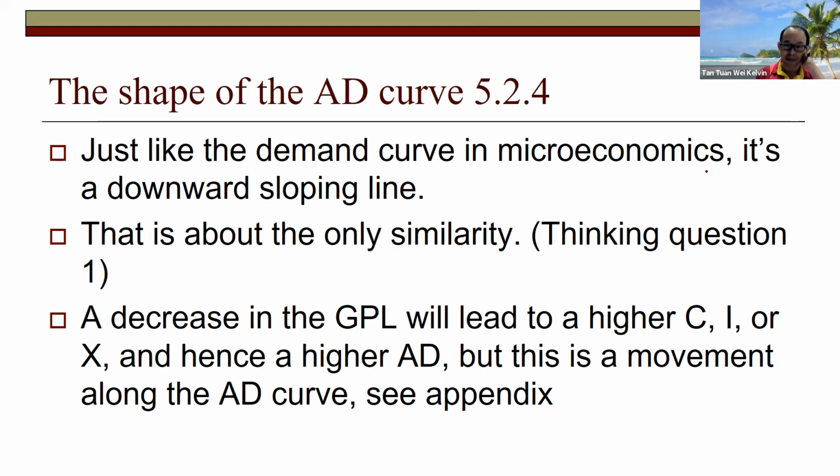You can read the appendix to figure out why, but they will not ask you to explain why in your H2 syllabus. Just know that anytime there is a change in the general price level, you do not shift the aggregate demand curve, but only when changes in C, I, G, X minus M change independent of the general price level, then you shift the aggregate demand curve.